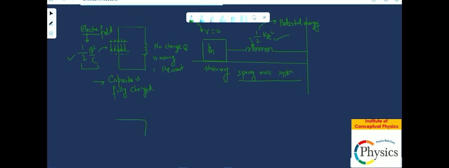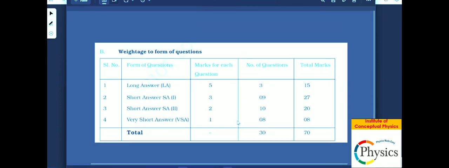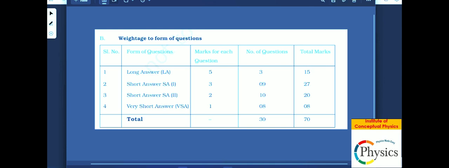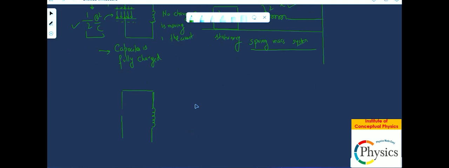Now let me just draw this diagram. So this is your circuit when the charge is moving, and it attains the maximum value in the circuit.